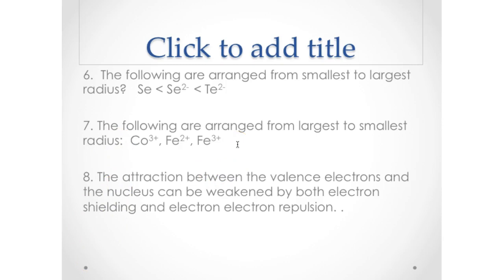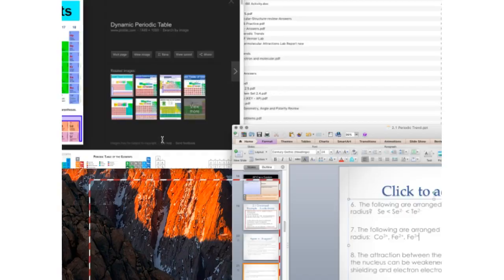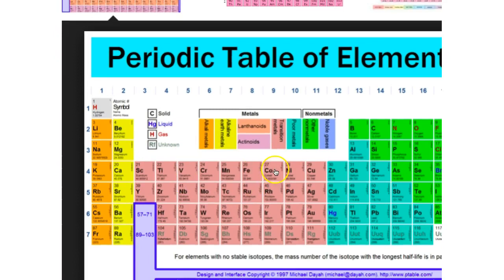Okay. The same situation for 7. 7 is actually false. Let's see why. So if we look at the periodic table, first of all of these 3 are positive, meaning they shrink. But if we look at the periodic table, cobalt and iron, cobalt should be smaller than iron.